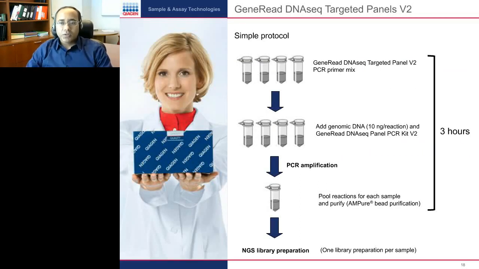And if you look into the protocol of these targeted panels, the protocol is very simple, and it consists of 3 simple steps. What one has to do is add genomic DNA, usually 10 nanogram per reaction, and since there are 4 reactions per kit, you need 40 nanograms per sample.